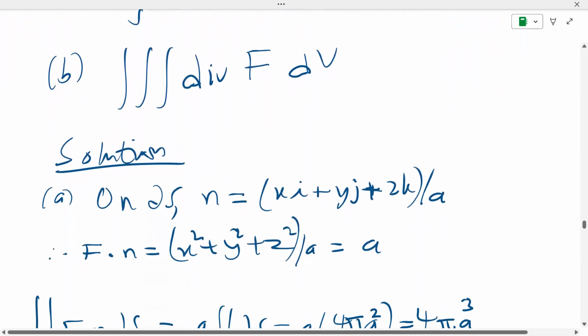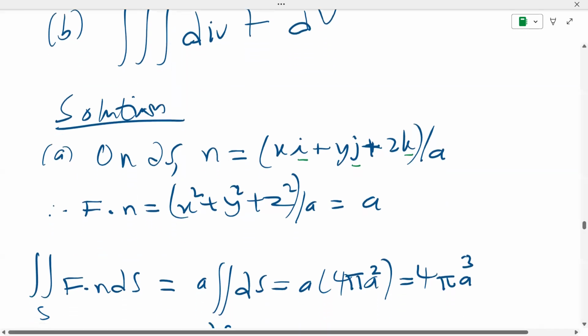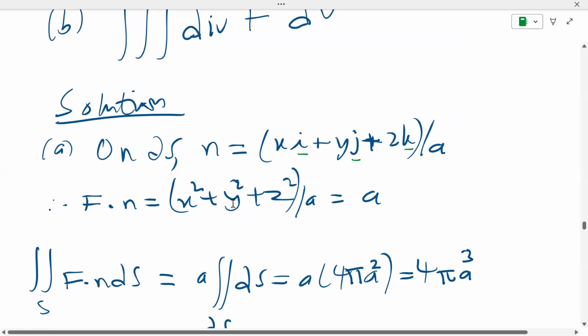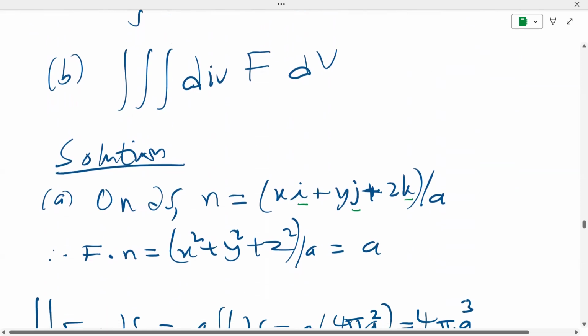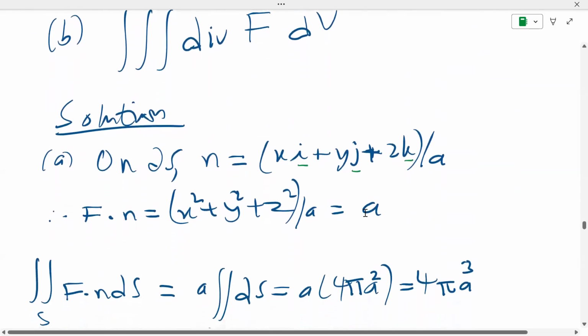On the legs, we have our N being equal to this on A, and then F dot N will give us the whole of this on A. Remember from the question, we are saying it is less than or equal to a squared, so that will be a squared on A, and that will give us our A.